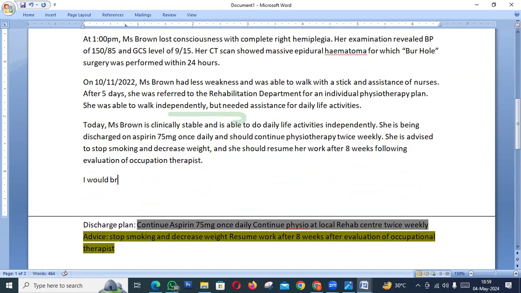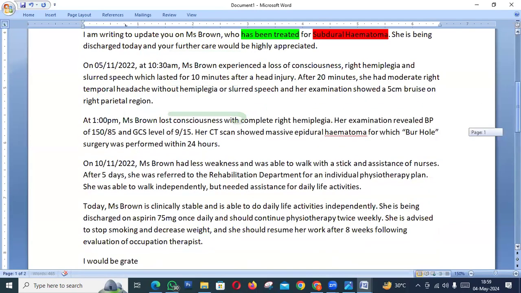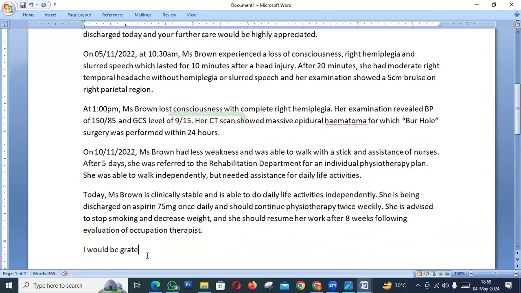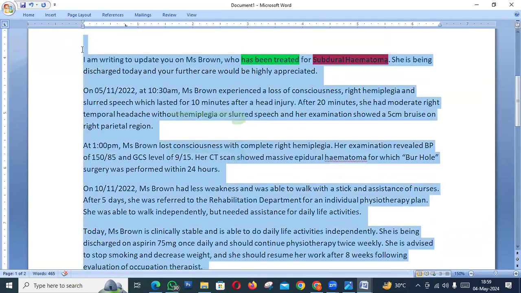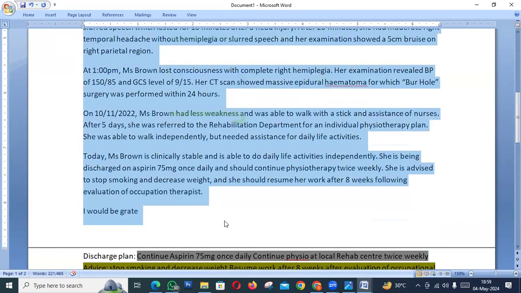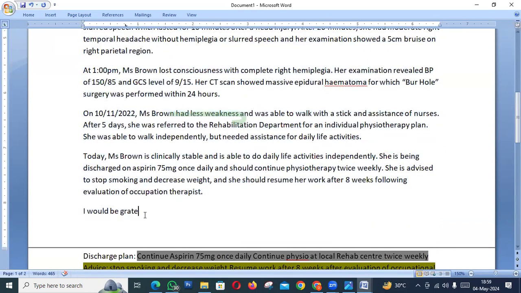I would be grateful. Mostly I use "in light of the above." I would be grateful, because our letter is already long, I think. So I am skipping "in light of the above." Let us see the word count. 221 is already long. Okay. I would be grateful if you could further take care of Miss Brown.